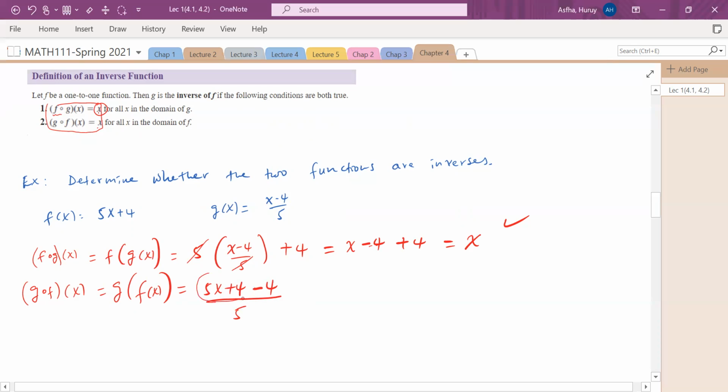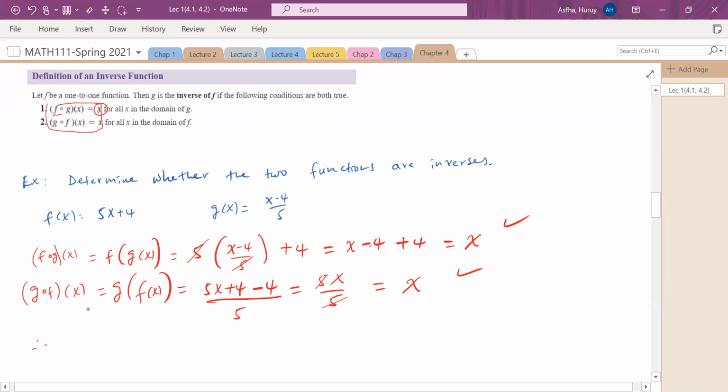We replace x by this one here. So here 4 minus 4 is 0, so we have 5x on top over 5. And again, this will cancel out, so we have x. And again, that's what we have right here.